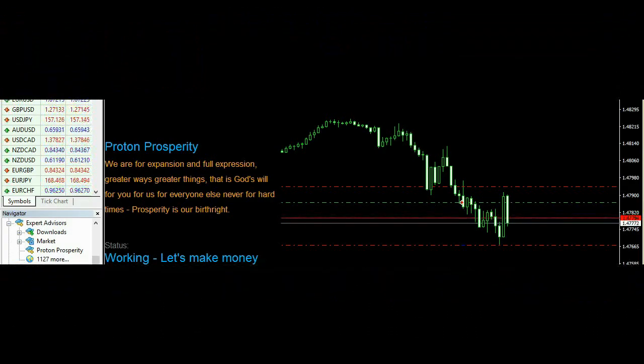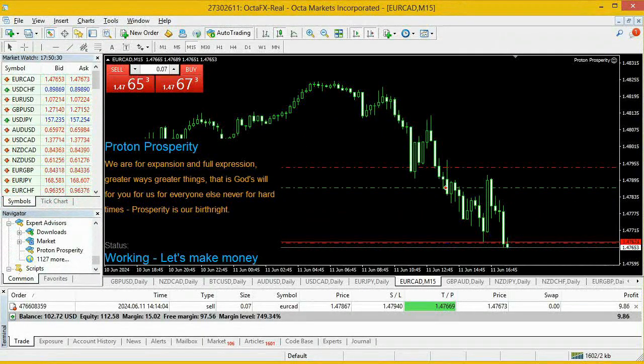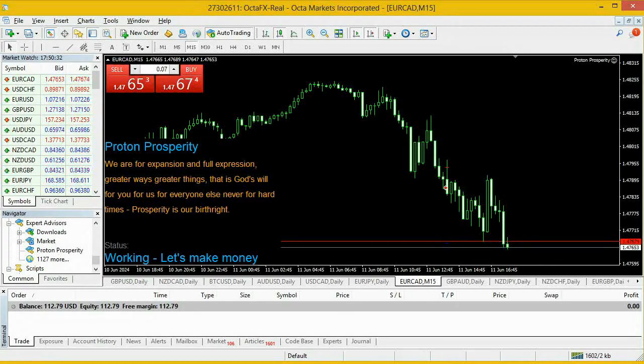About 3 hours 35 minutes into the trade. Take profit triggered.